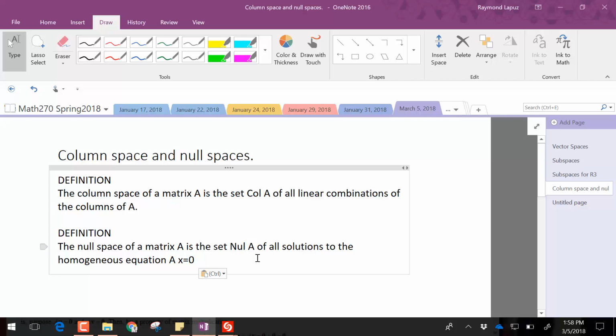It's just one more letter, but they like to use three letters. The null space is going to be the solution to the homogeneous system. It's all the things that get sent to 0. So it's all the vectors x that get sent to 0.